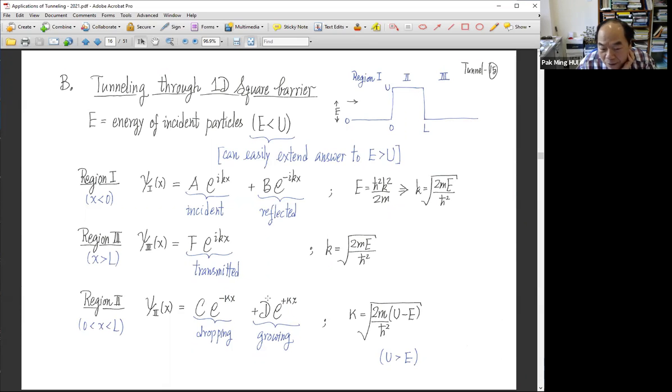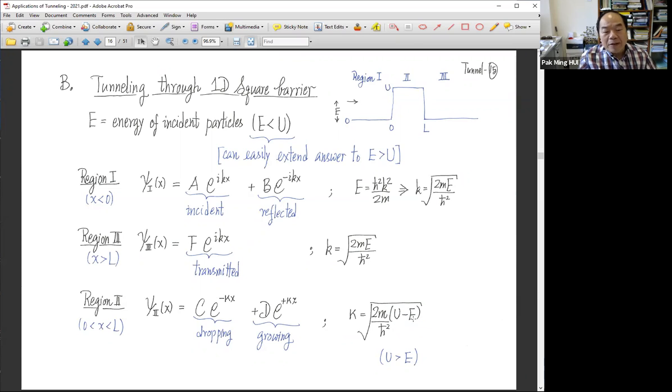It's not i something for the reason that E is less than U. And kappa represents the energy deficiency, how far E is from U. So it is the square root of U minus E. Therefore, kappa contains information not only about the incident energy, but also about the barrier height, the U. So it is actually the energy deficiency.